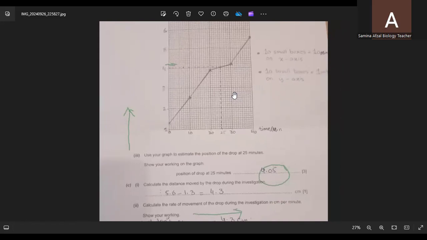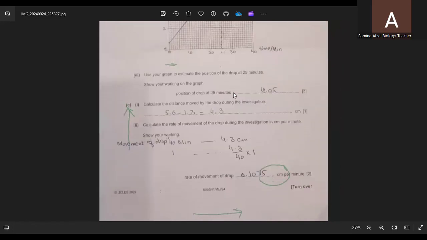Now, the next question is to calculate the distance moved by the drop during the investigation. The final reading was 5.6 and it started at 1.3. So 5.6 minus 1.3 is equal to 4.3. Then calculate the rate of movement of the drop during the investigation in centimeter per minute.